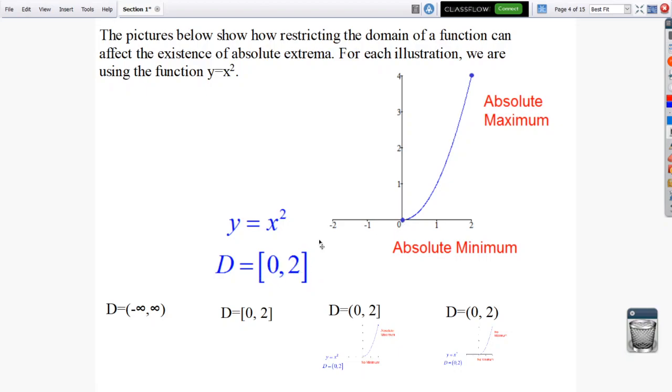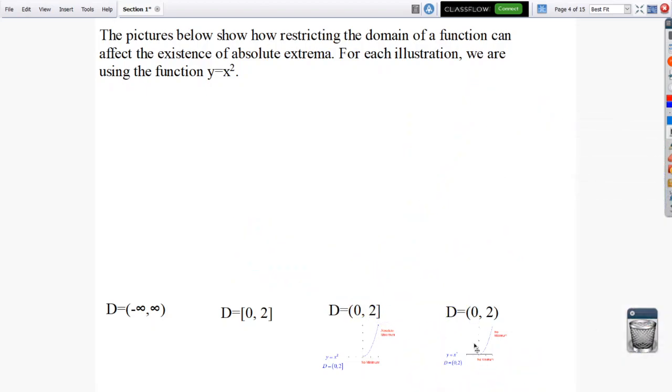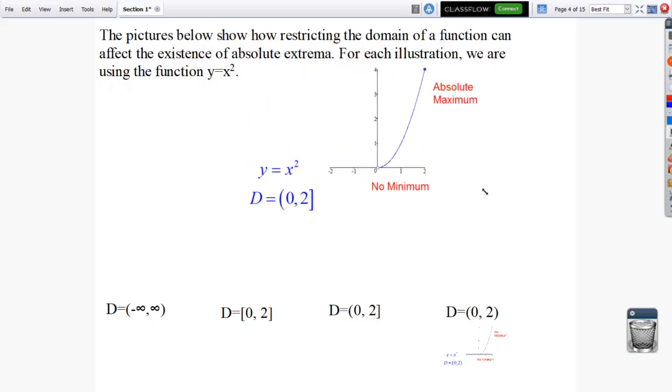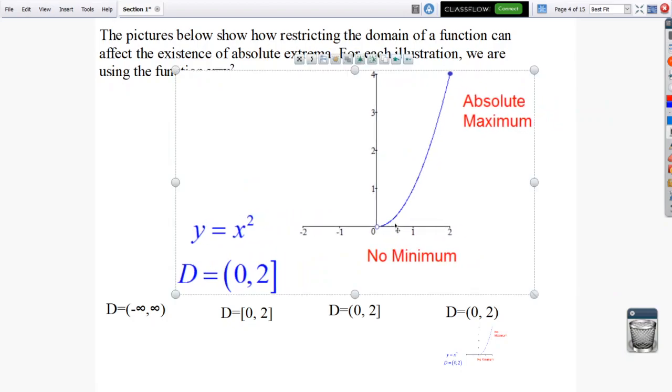Now, if I change one of those endpoints, let's say I go down here and change my endpoint to exclusive at 0. Exclusive at 0 means I have an open circle at 0. That means as I approach the x value of 0, I get infinitely close to it, but I never quite reach it.